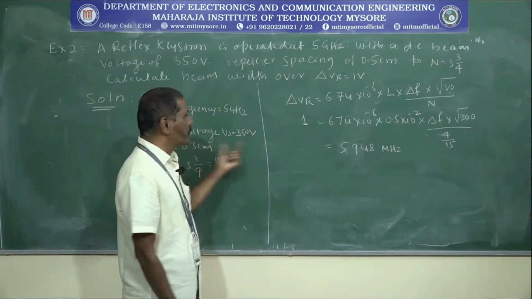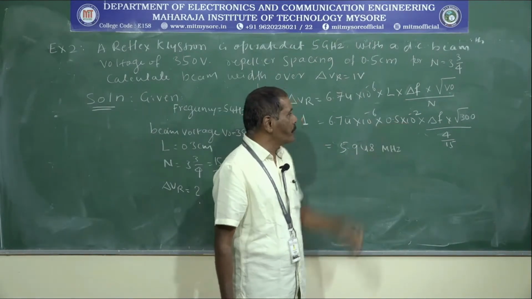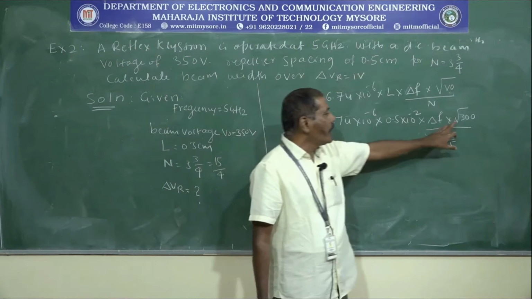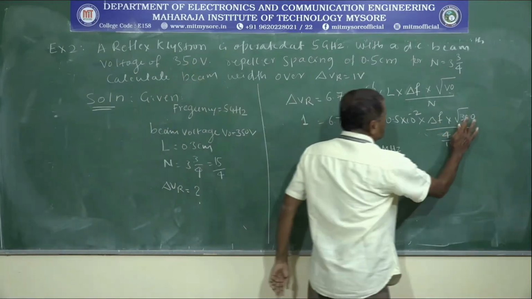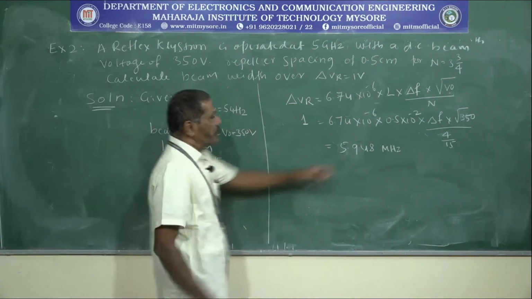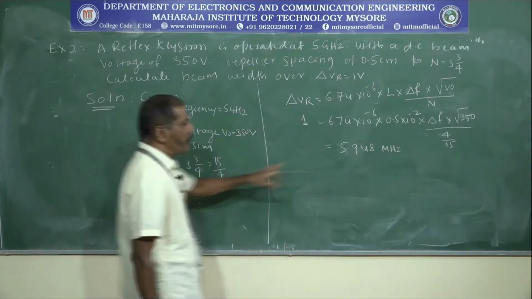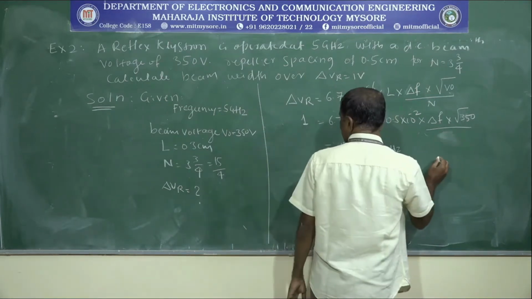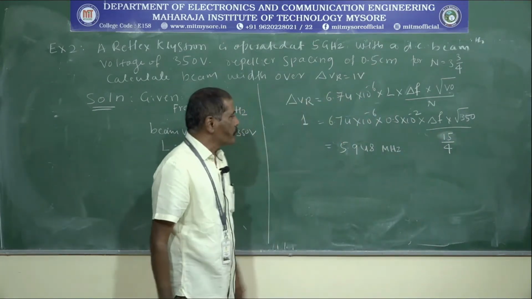This changes the value from centimeters to meters. Delta F is the unknown value we are supposed to calculate, and root of V0, which is 350, is given in the problem, divided by n value, 15 divided by 4.